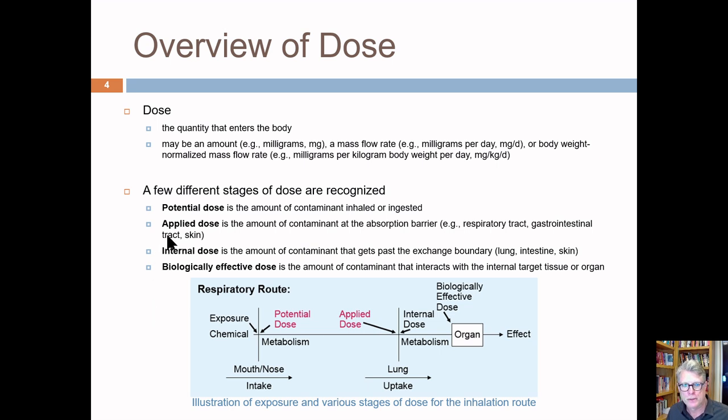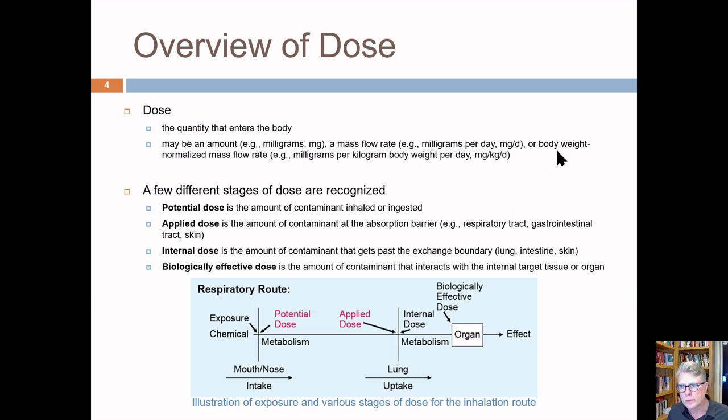It starts with potential dose, which is the amount of the contaminant inhaled or ingested. So that could be a flow rate, milligrams inhaled per day, milligrams ingested per day.